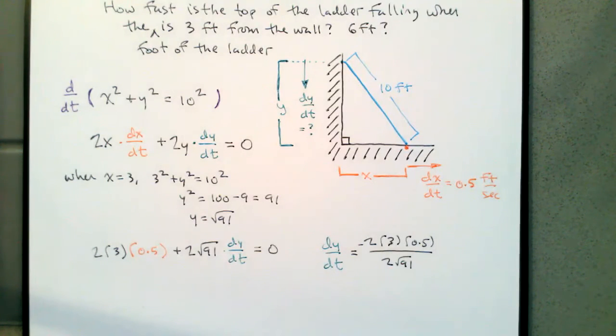As we suspected, we knew that dy dt was going to be negative because the distance between the floor and the top of the ladder is decreasing. So the derivative should be negative.